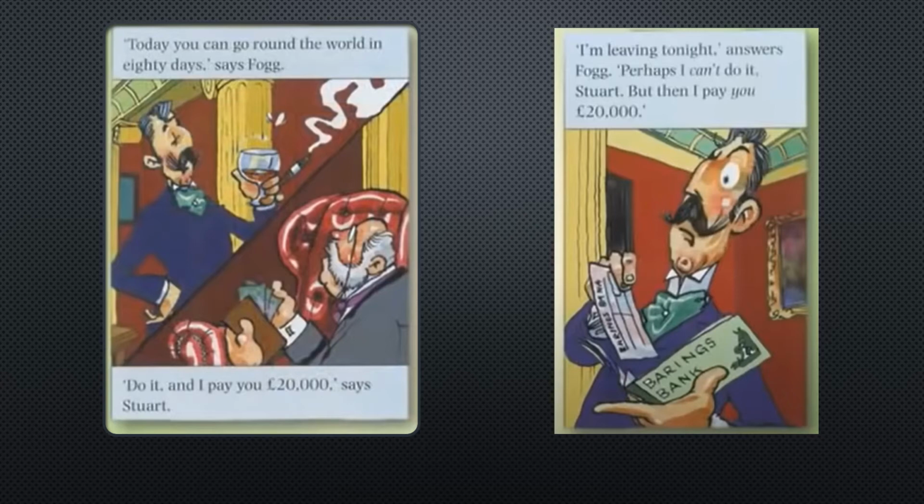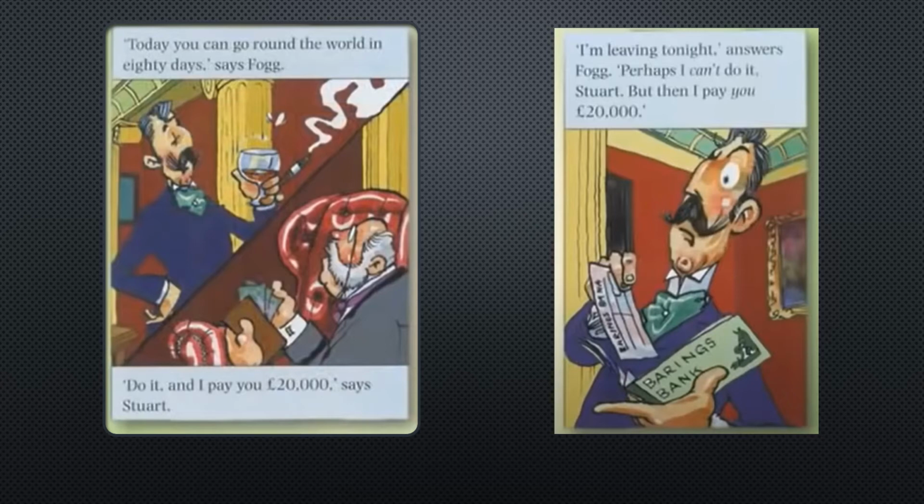To which Mr. Stewart says, do it and I'll pay you £20,000. So he challenges. This is actually a wager, a bet, which Mr. Stewart challenges Mr. Fogg to do. And Mr. Fogg readily accepts the bet, saying, I am leaving tonight.